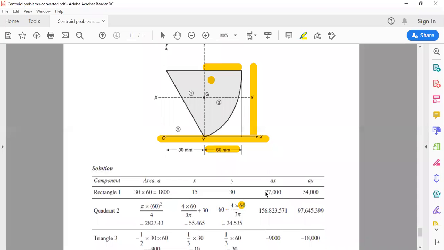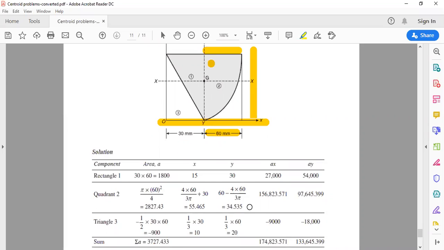This is how we calculate y bar. Since I do not know the distance from this end, which I want, I did it the other way, that is by deduction: total length minus the portion of which I know the length. So I got y bar of the quadrant of a circle.